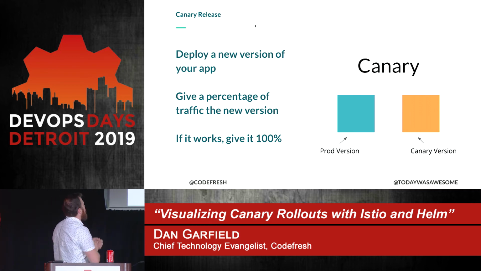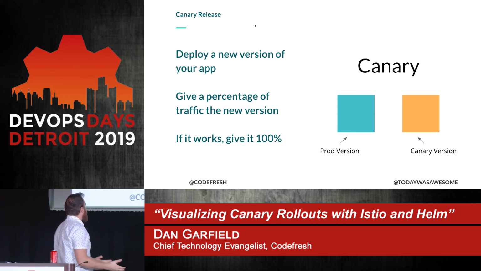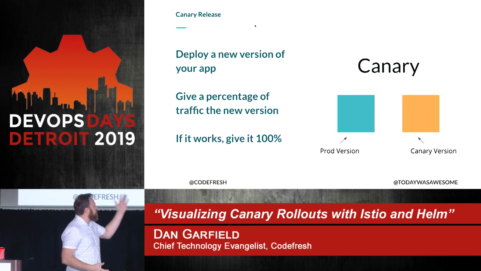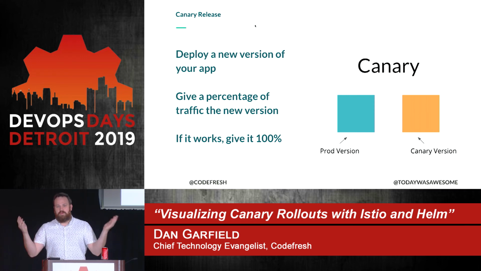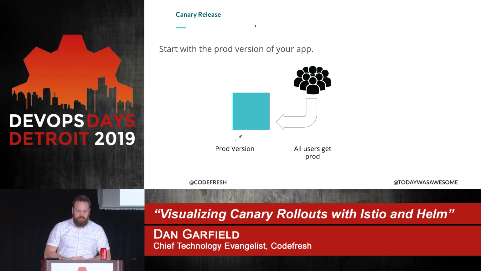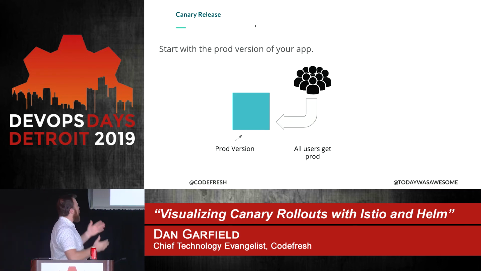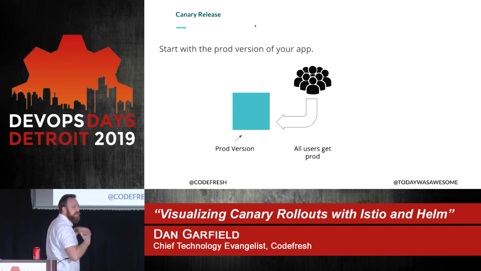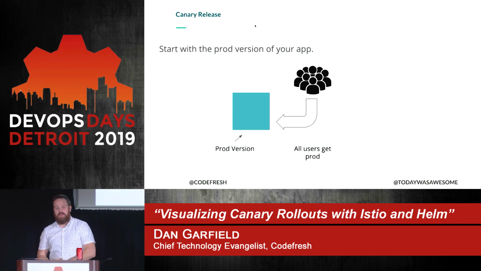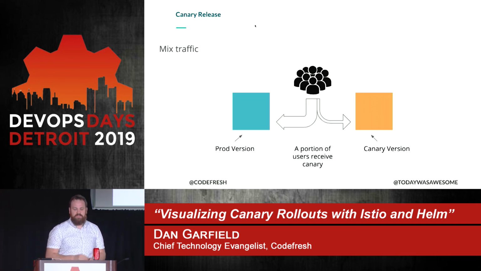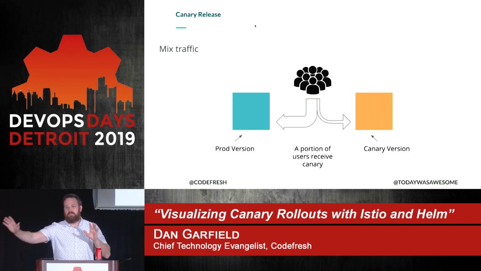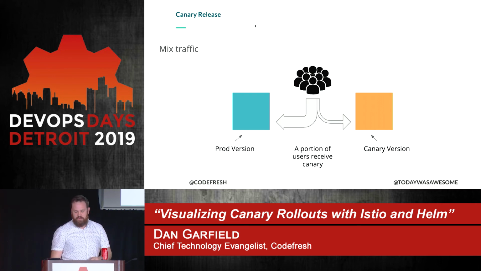So the basic idea of a canary is this. You deploy a new version of your application. You give some portion of traffic to that new version, and if it works, you ramp up and get to 100%. So you start with the production version of your application. All of your users are getting that production version, and then you roll out the new one, and you start to shave off a little bit of traffic and send some of those people over to the new version of the application.